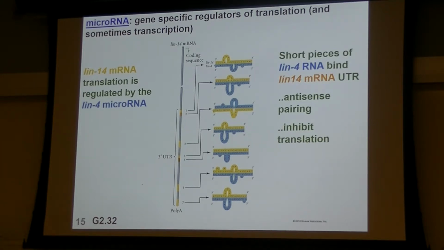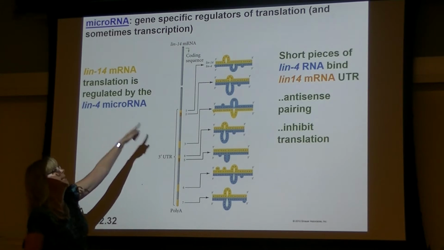For example, one thing they do is go and bind to specific target mRNAs and regulate whether that thing survives and whether it's translated into a protein. And here's an example of that. This, I think, comes from the worm C. elegans.